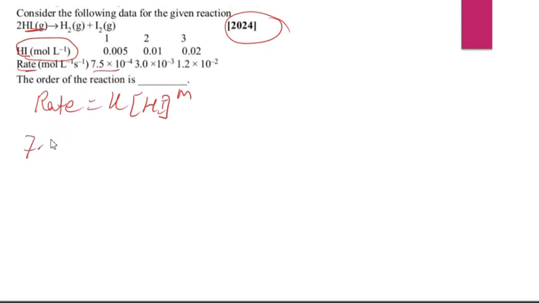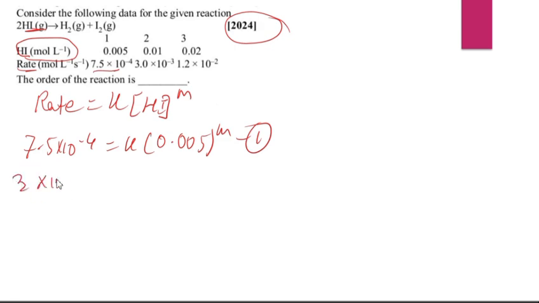Take any rate. So 7.5 into 10 to the power minus 4 equal to k 0.005 to the power m. This is equation number 1. The second equation will be 3 into 10 to the power minus 3 equal to k 0.01 to the power m. This is our second equation.